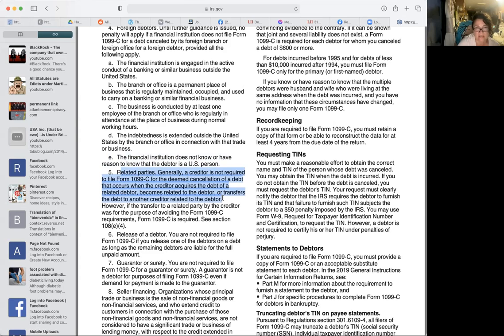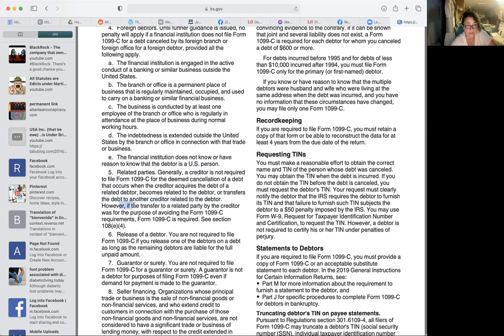That sentence is ridiculous. What does that mean? Related debtor. Don't you dare switch screens on me. Are we talking about relationships or something here?